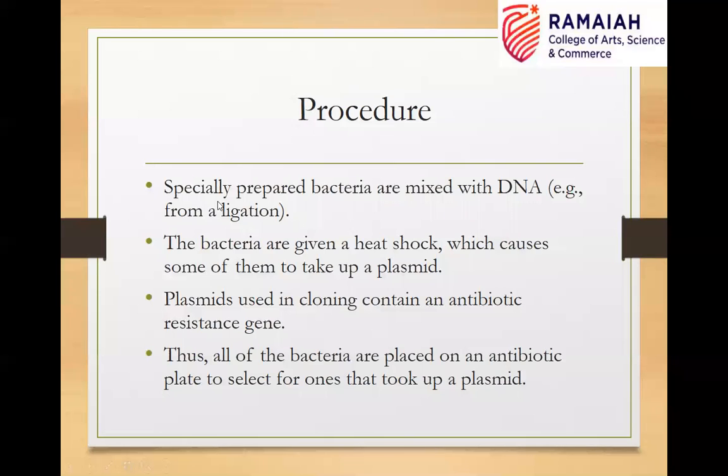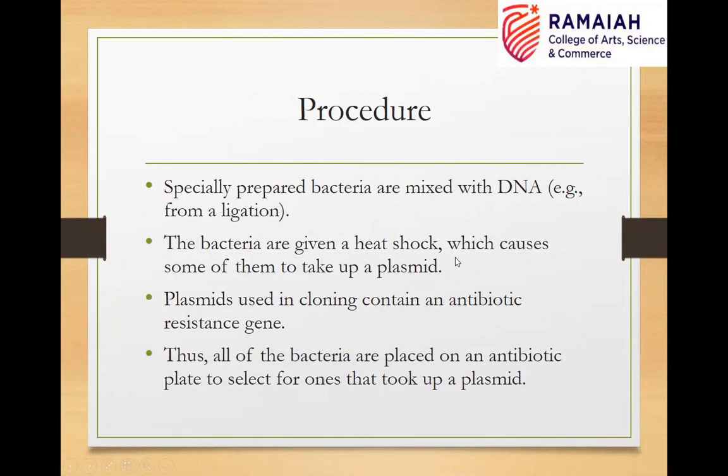The prepared cells are mixed with the DNA. Generally the DNA is transformed after the ligation step during the production of the recombinant DNA molecule. Then the bacteria are given a heat shock. This heat shock causes some of the cells to take up the plasmid.